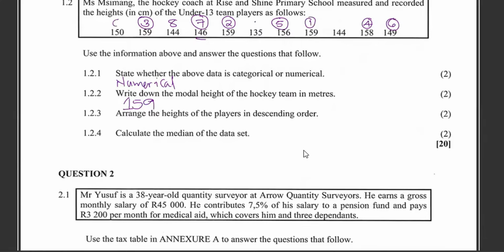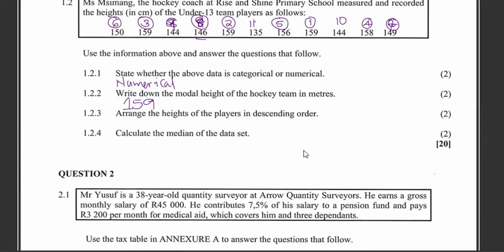Yeah, this is supposed to be 6. Then this is 7. This one becomes 8. 146 becomes 8. Then this one becomes 9. Then we have 10. At last we have 11. So they are big to small.